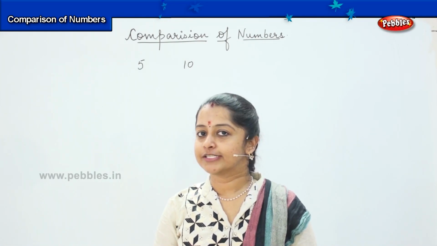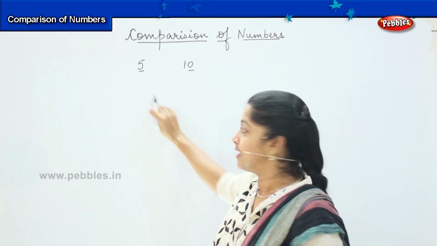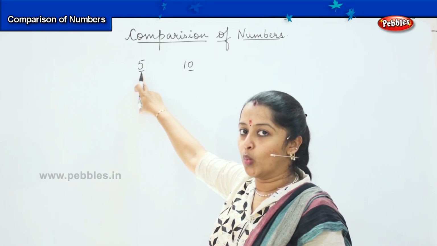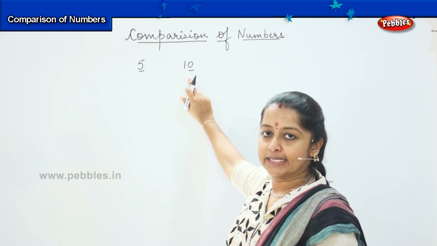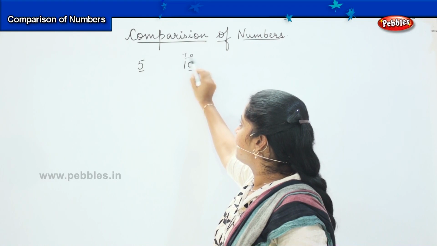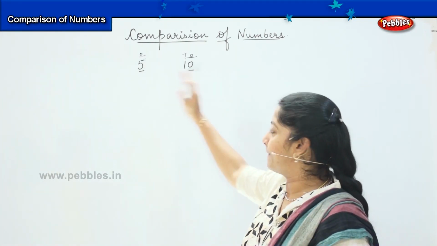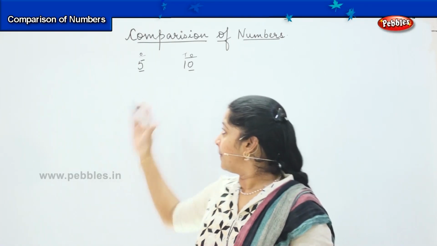Yes, the very first thing would be the position of the numbers. In 5, we have only the ones place, whereas in 10, we have two places, the tens and ones. That is the first parameter in which we can compare the two things. What can be the next way?